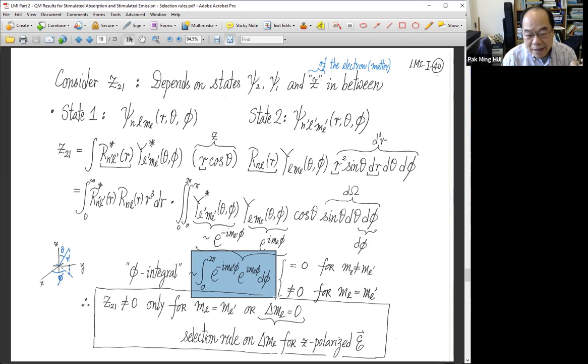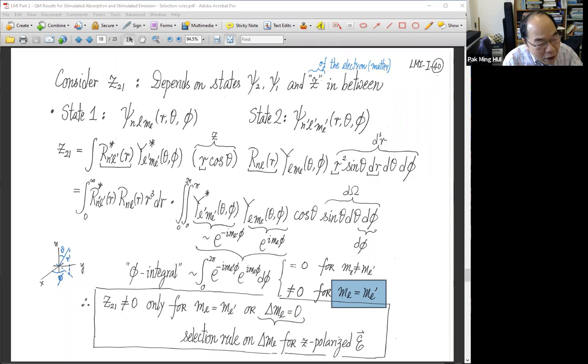Okay, so again, m_l prime must equal m_l in order for this phi integral not to be 0. So for Z, this integral gives a selection rule. Therefore, delta m_l is 0. So this is the first encounter of how to extract selection rules. Understand?